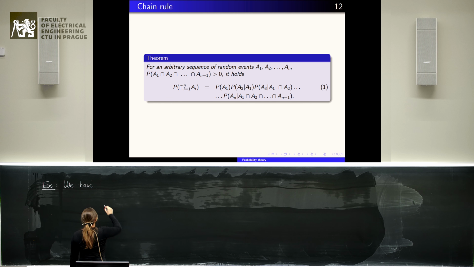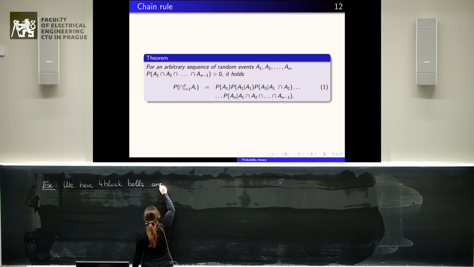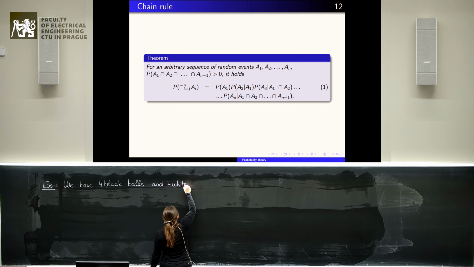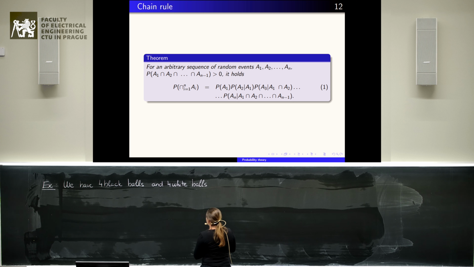We have four black balls and four white balls in a box.